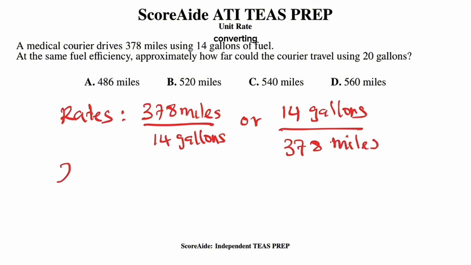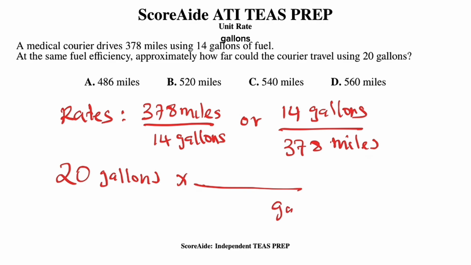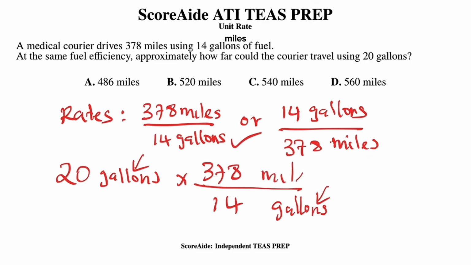Now we are converting 20 gallons to miles. So which of these fractions will we multiply with? You see that we're going to have gallons down here, so that in the end this cancels with this. So this one is sufficient, right? So we have 14 gallons, 378 miles to achieve this.